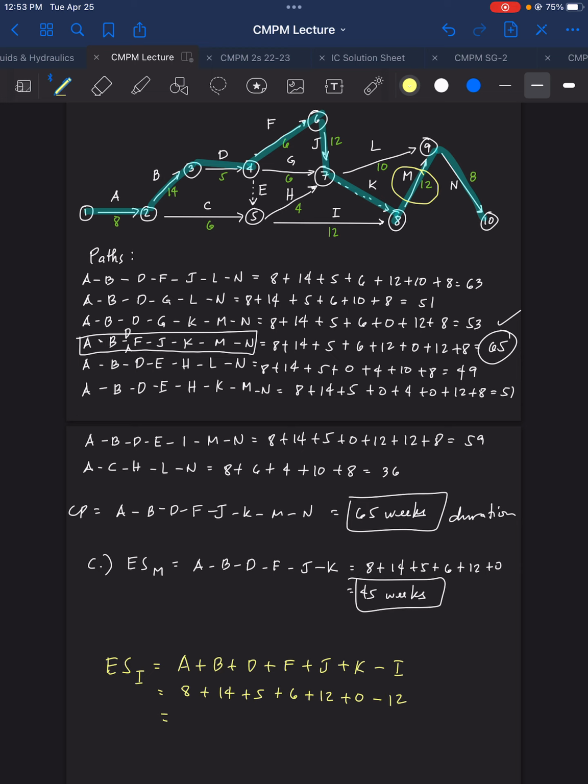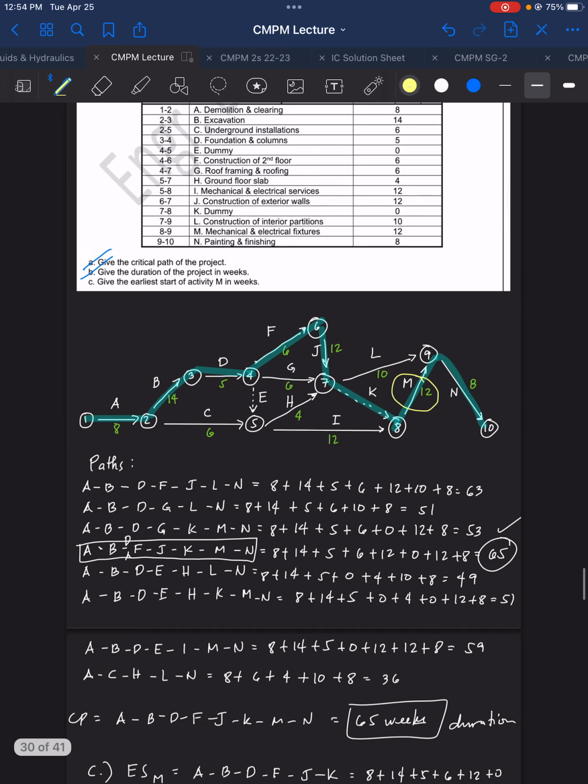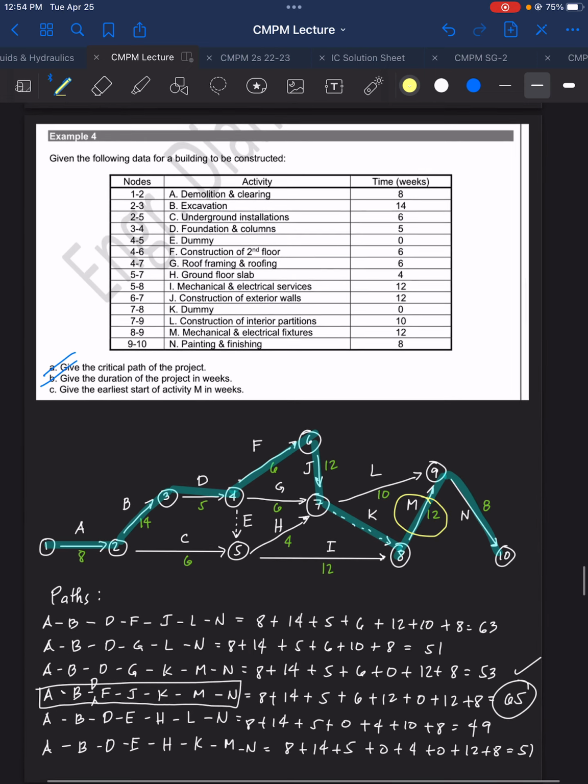And that is equal to, so 8 plus 14 plus 5 plus 6 plus 12. This is a side question, okay? So 45 minus 12, so 33. So 33 weeks as the early start for activity I. Okay? So that is for example number 4.